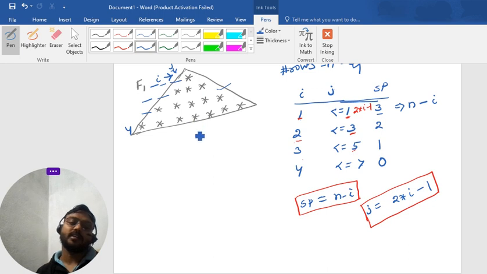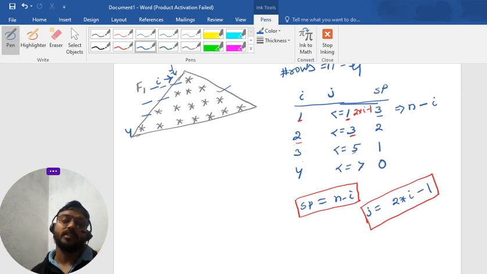It will generate the diamond shape. In the next video I'll come up with the function part. We'll just wait for that.